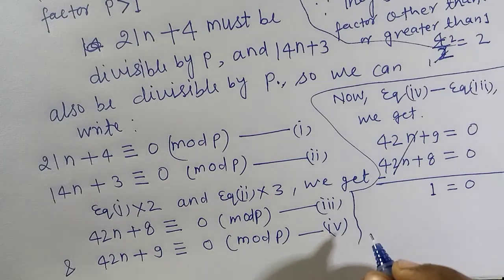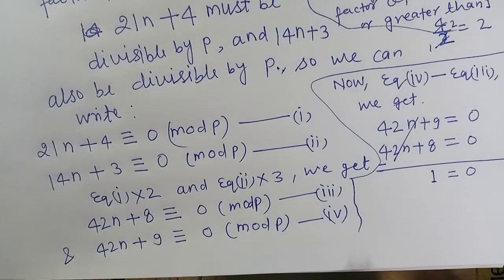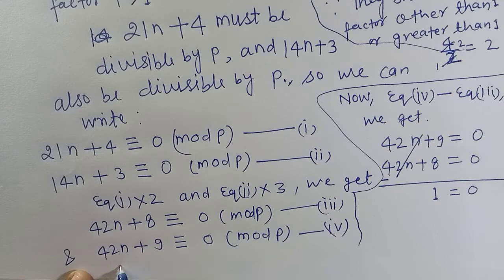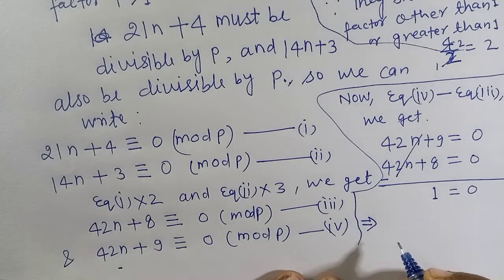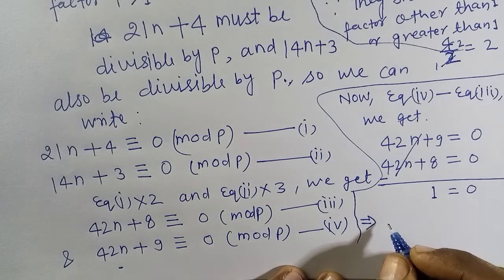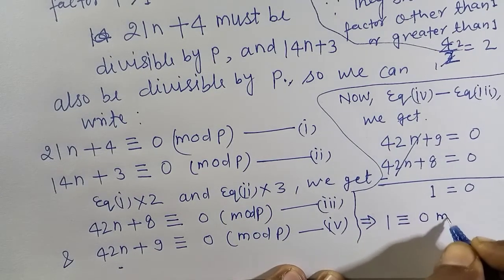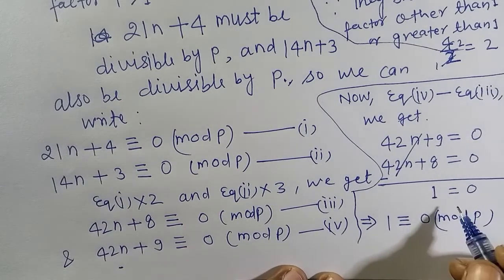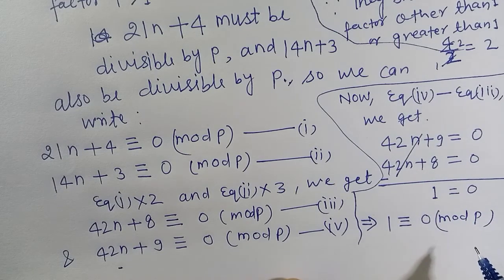From here we can write 1 is congruent to 0 mod p.